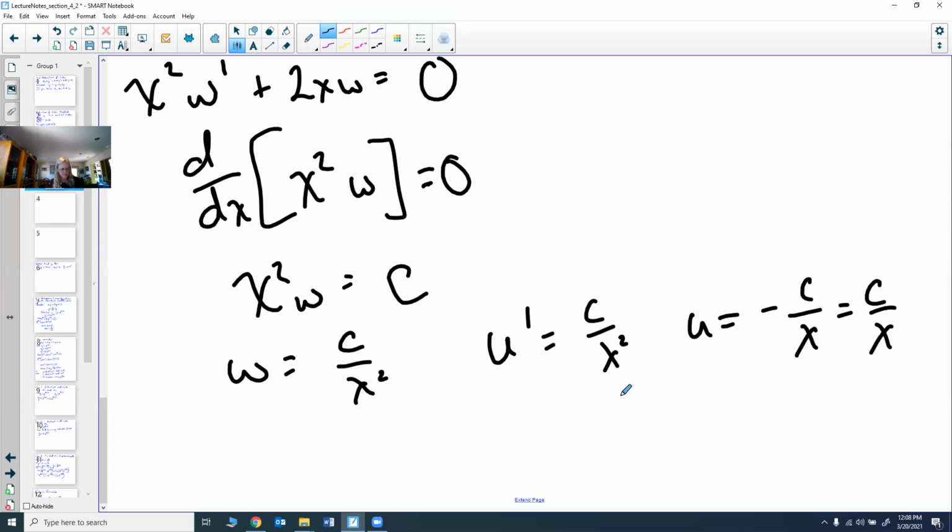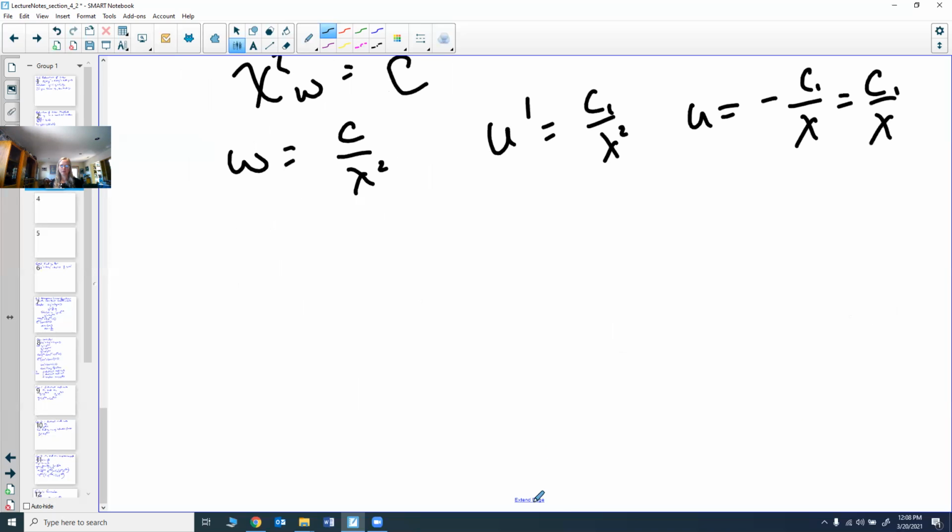All right. Now we're going to have lots of different constants in this. So let's call this one C1, just so we don't get confused. And so there's what my u is. My u is my constant over x. Let's let C1 equal something. Let's call it 1, because it just makes life easier.